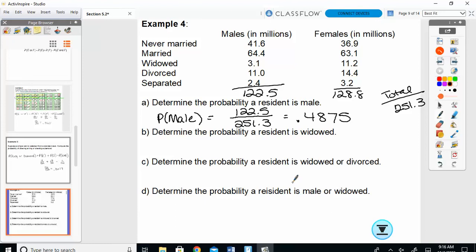Okay, 0.4875. Okay, so B, I want the probability that a resident is widowed.